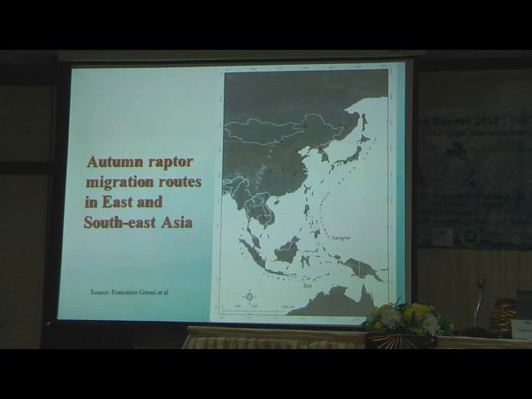From the work of Francisco Jeremy and his team, they found that there are many other routes that cross the seas from Borneo to Indonesia, and possibly even from Vietnam to Peninsular Malaysia. So the thing is that there's still much to be discovered about the migration routes.